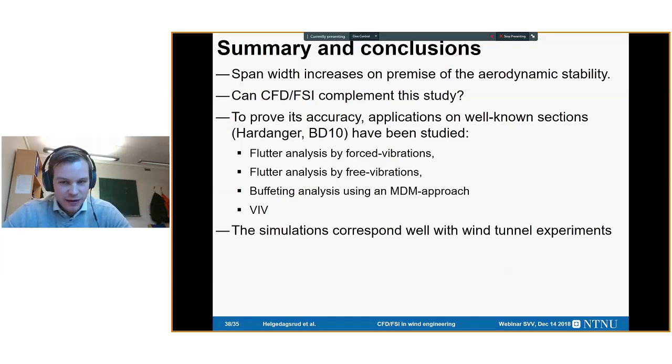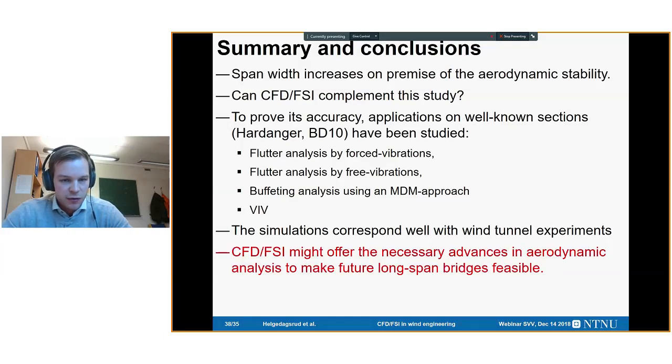So in that sense, I would say that this work adds some confidence to the use of these FSI methods in practical bridge engineering. And I think that with the increasing computational power, it will have an increasingly important role in the future as well.